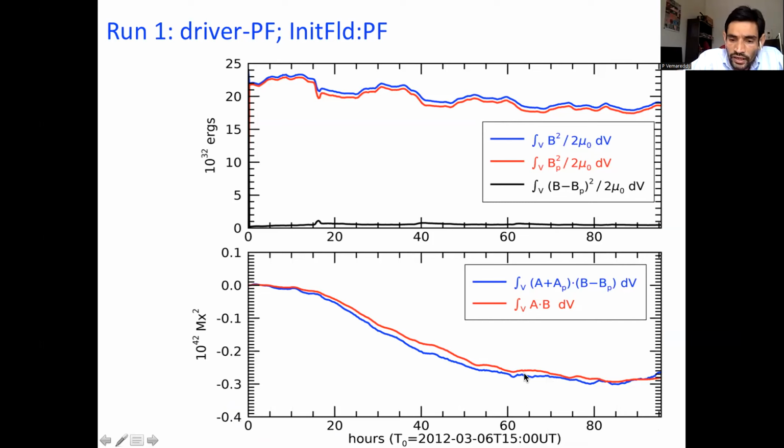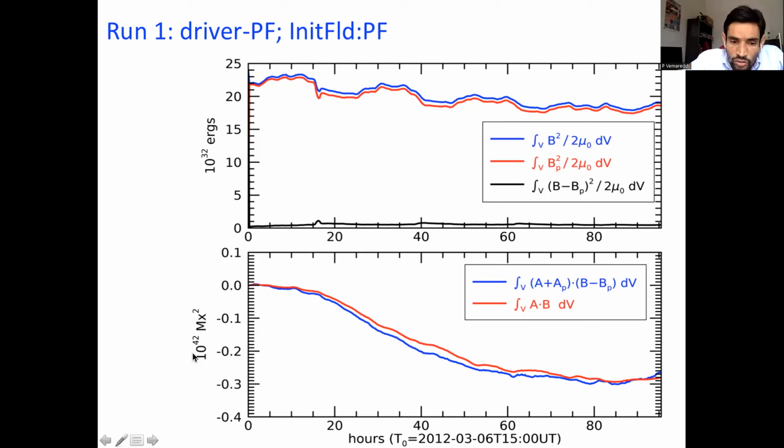Please note that helicity is a definite quantity of plus or minus values. The plus sign is a positive chirality, that means it has a forward S shape, and the minus sign refers to an inverse S shape. This is a typical notion which we see in solar observations.